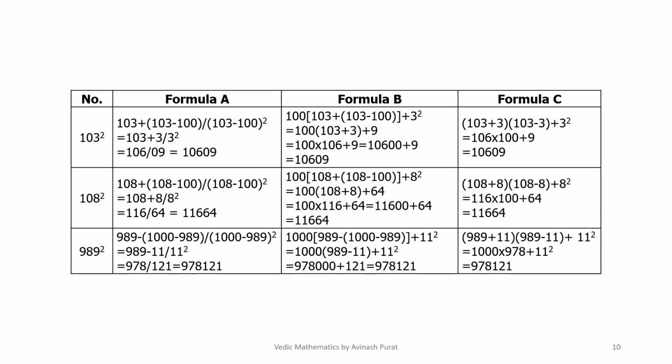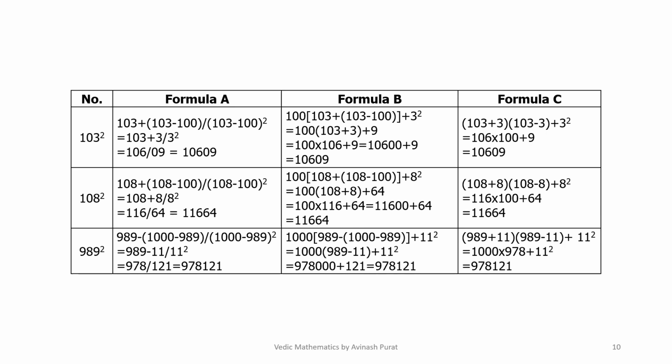Third formula gives (103 plus 3) multiplied by (103 minus 3) plus 3 square, equal to 106 multiplied by 100 plus 9, that is 10,609.